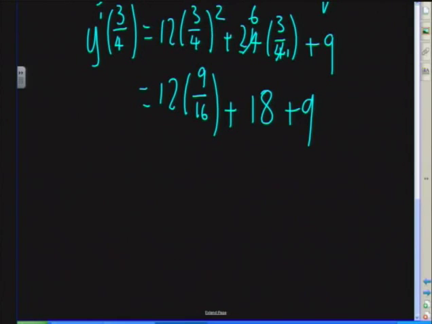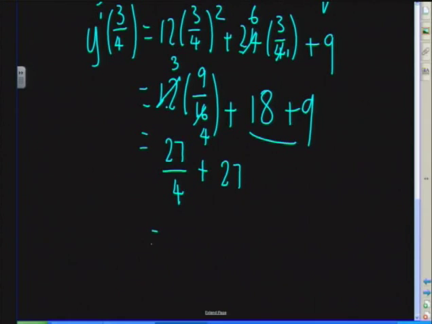All right. 12 times 9/16, let's simplify. 4 goes into 12 3 times, and 4 goes into 16 4 times. 3 times 9 is going to give me 27/4, plus 18 plus 9 is 27.